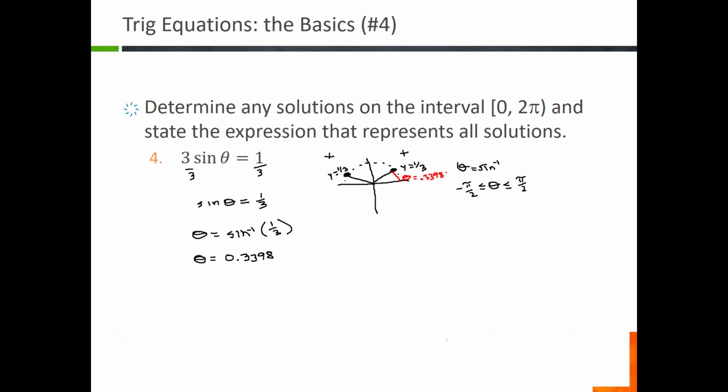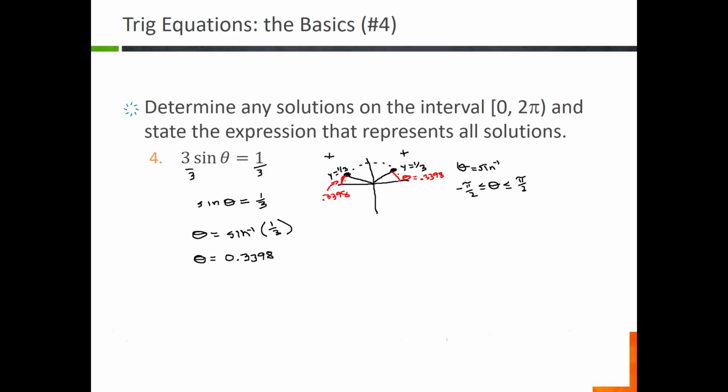If you remember the way we developed the whole unit circle, that is an acute angle. So the second angle in the second quadrant has to have an acute reference angle that also extends down to the x-axis, and that angle there is also 0.3398. So how do we find the total angle?